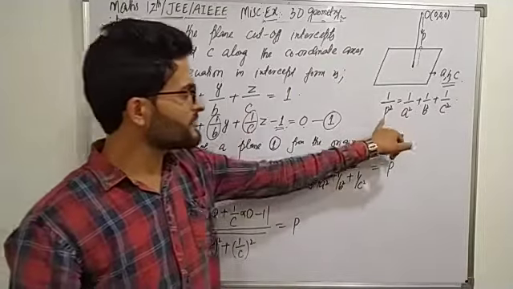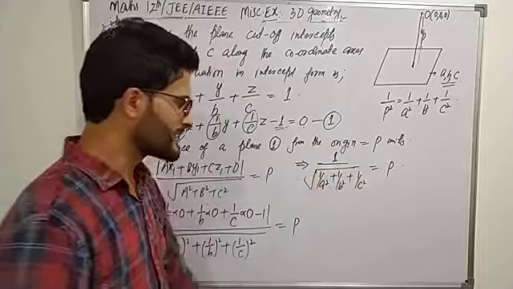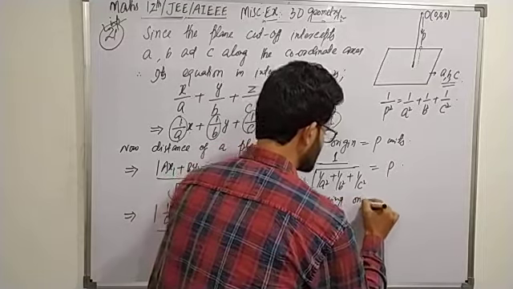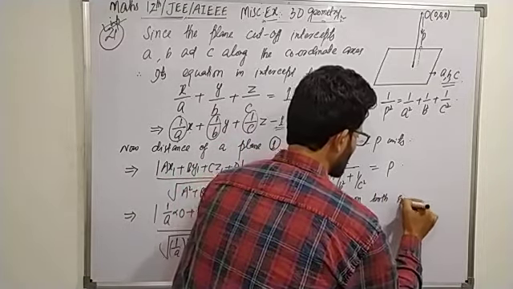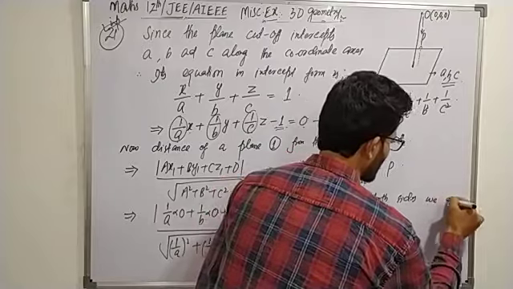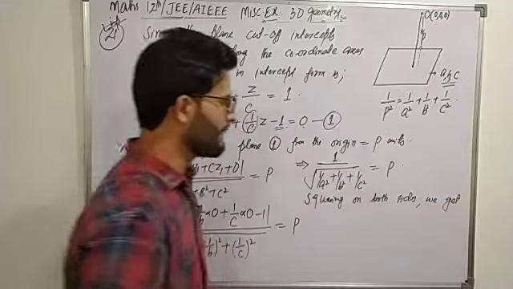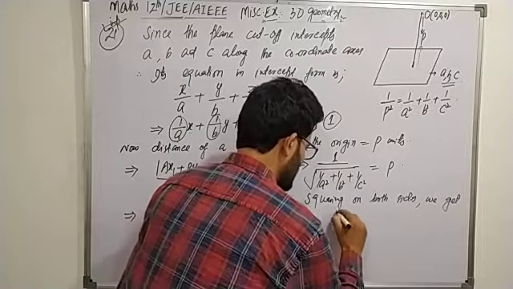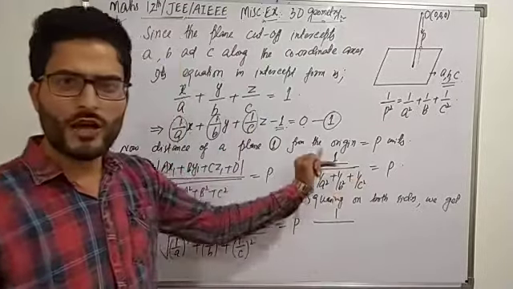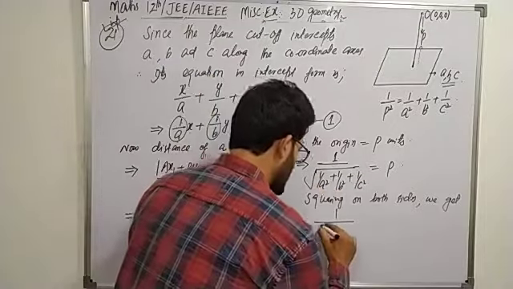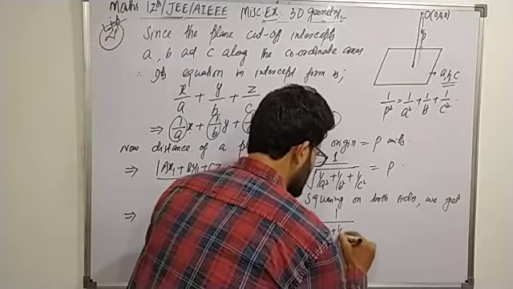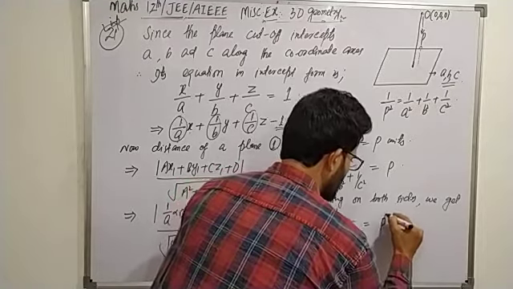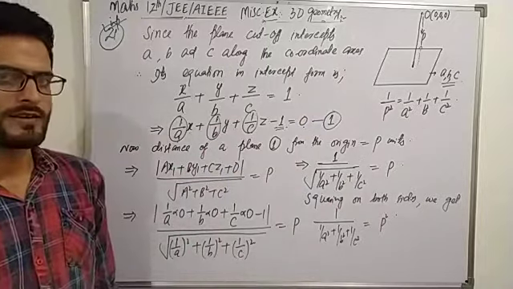Now since we need p square, we will square both sides. On squaring both sides, 1 square is again 1, divided by, the square and square root cancel, leaving 1 by a square plus 1 by b square plus 1 by c square equal to p square. Is that clear?